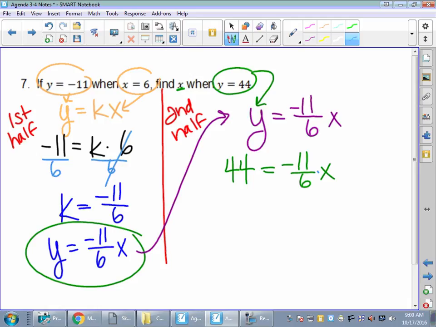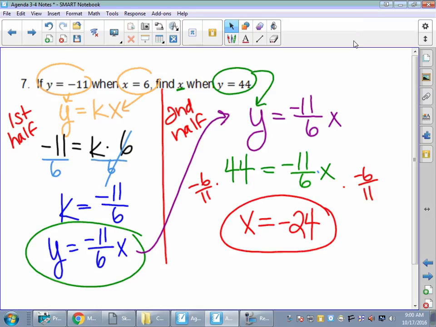I'm going to multiply by the reciprocal, negative 6 elevenths. Notice you do have to have a negative on there. Even if you're dividing, you'll do 44 divided by negative 11 sixths. And this one comes out nice and neat, even though the other one was not. What is that, negative 24? So there's the second half of my answer.